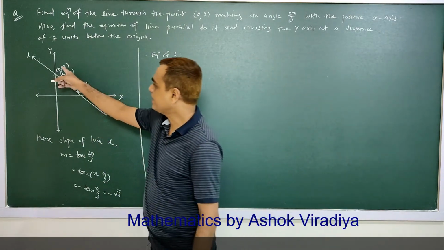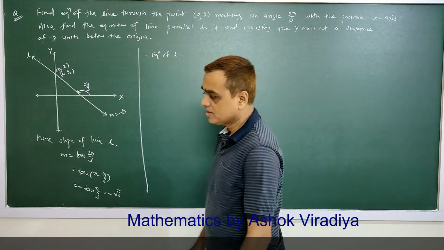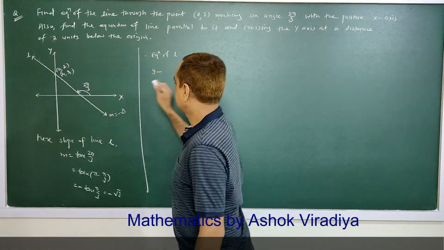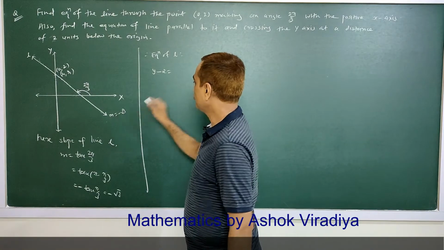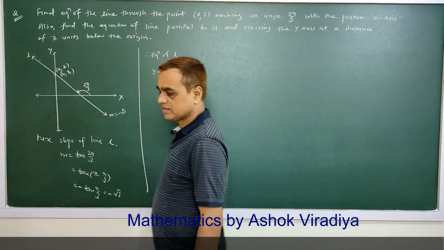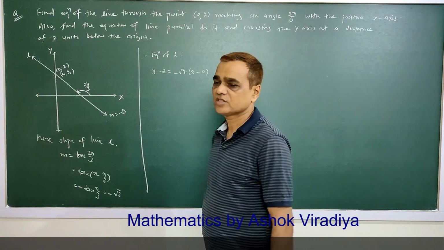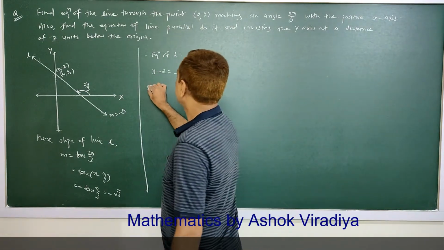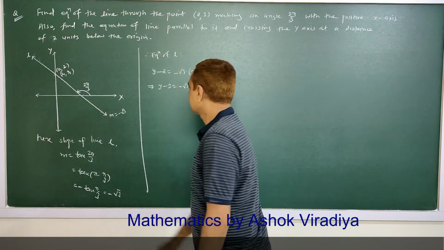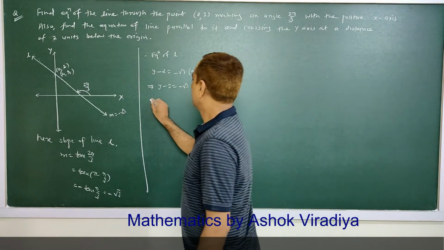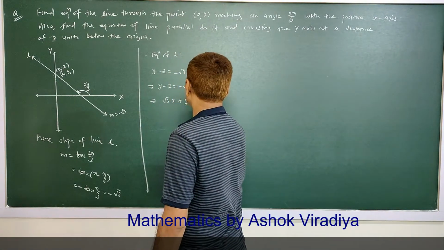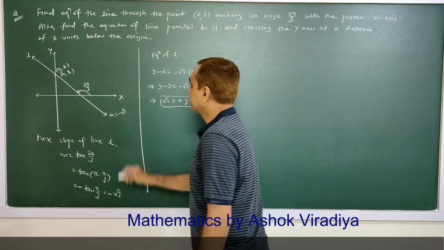So using a point and slope, the equation of line L is y minus y1 equal to m into x minus x1. So that is y minus 2 is minus root 3 x. So that is root 3 x plus y minus 2 is 0. This is the equation of line L.